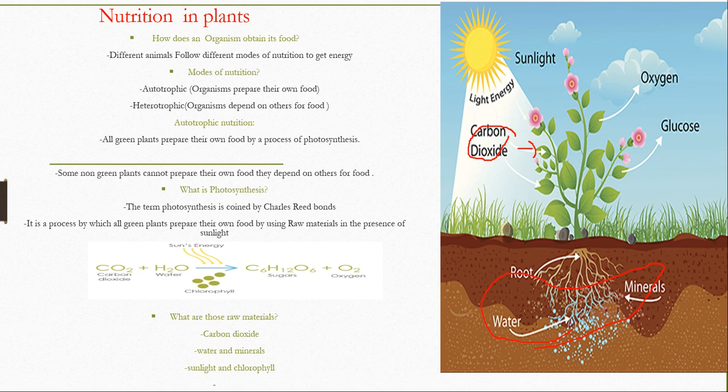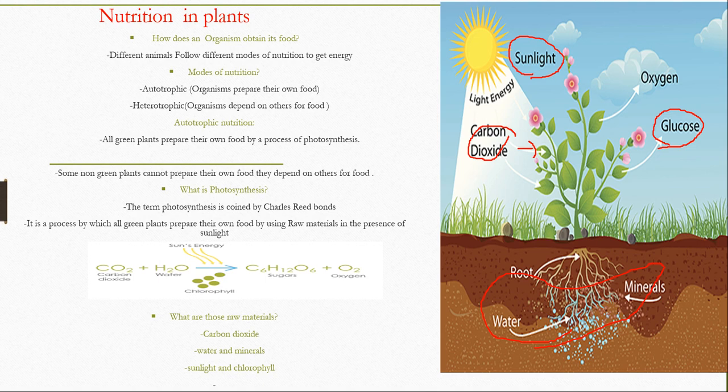After taking these in, it utilizes the sunlight for the conversion of carbon dioxide and water into glucose. This is the food of the plant. The food which is prepared by the plant using sunlight is glucose.